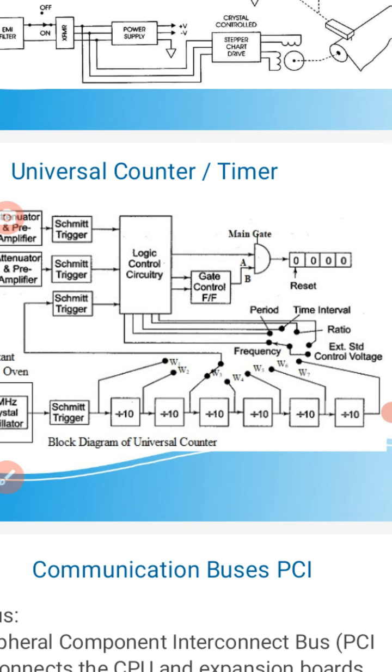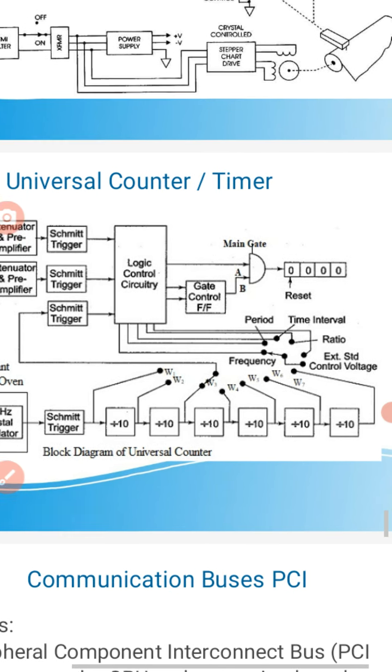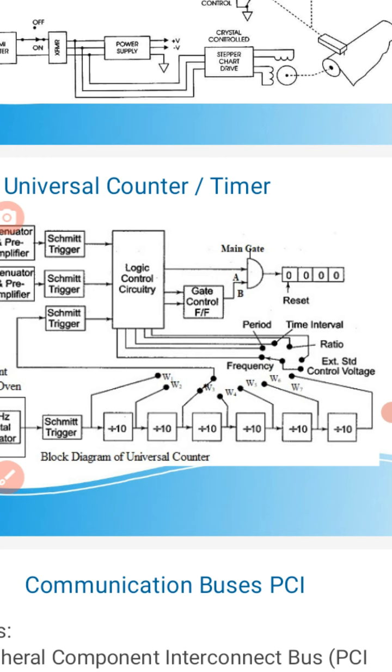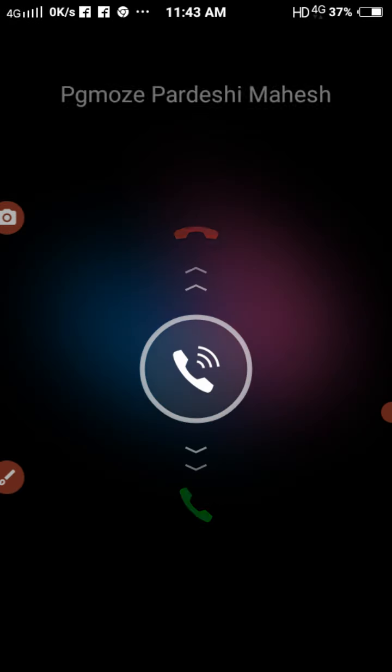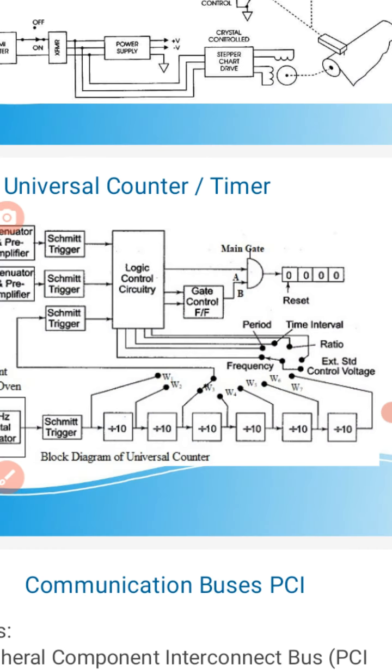Main gate is made up of a NAND gate, which if one input is 1, the second input counts frequency. The main gate output drives a decimal counter whose output is displayed. The output of the decimal counter drives a decoder driver which drives display unit.